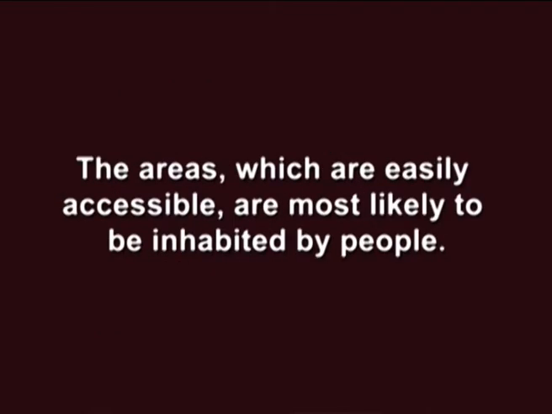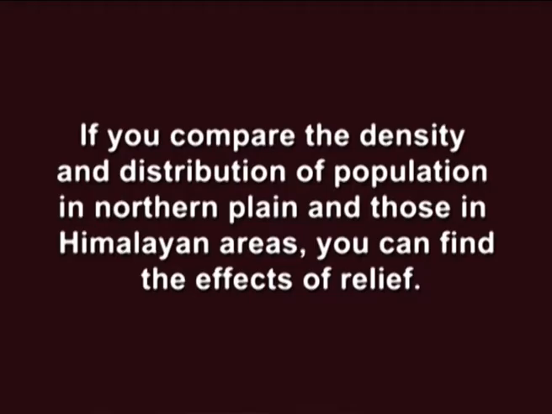The areas which are easily accessible are most likely to be inhabited by people. For example, plains. Plains are densely populated, and areas of rugged relief like mountains and plateaus are not. If you compare the density and distribution of population in the northern plains and those in the Himalayan areas, you can find the effects of relief.